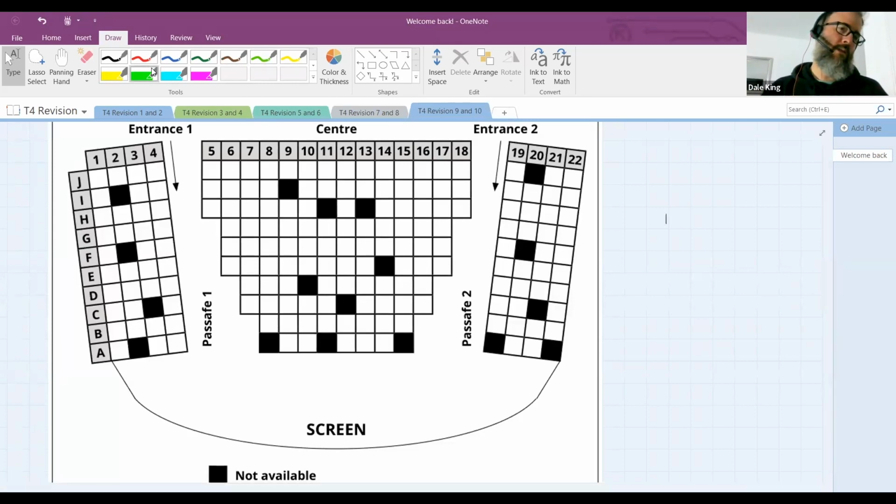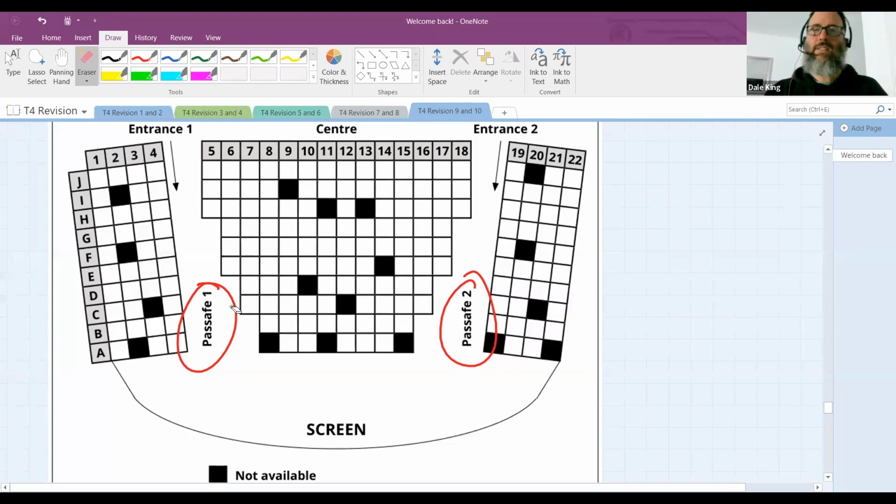Guys, I've just noticed something. This is from an exam. Well, it was not from an exam. It's actually from a textbook. What is going on here? Passafe? That must be passage. Hey, was it French for passage? Very strange.